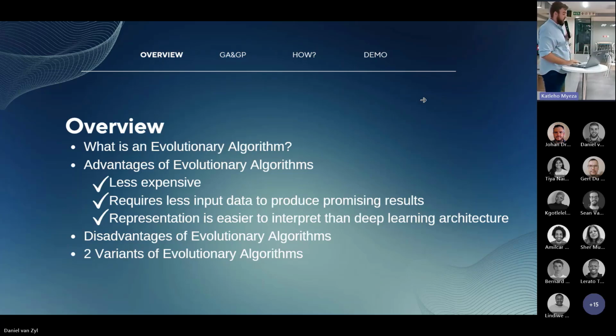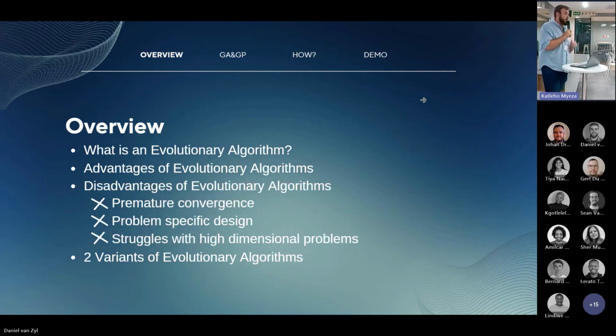But as with everything in technology, there are disadvantages as well. A lot of the times, evolutionary algorithms converge prematurely. What that means is they think they found the optimal solution way before they actually are close to it.